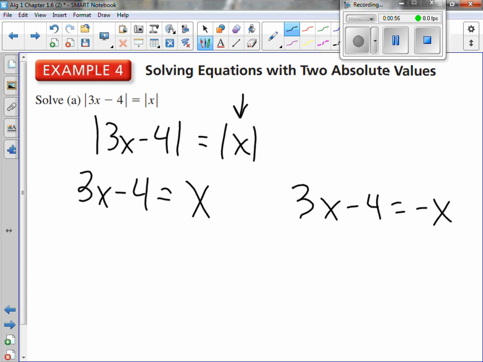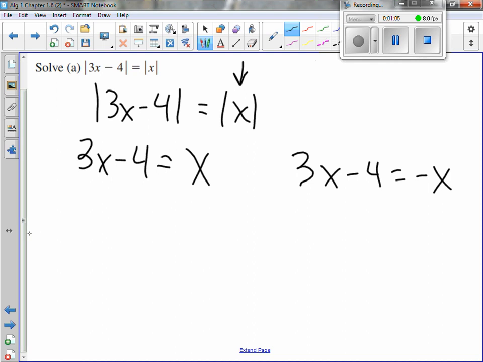We're going to do one in both. And we only have to do it to one side. We don't have to do it to both. But otherwise, this is going to be the exact same as what we did yesterday. So if 3x minus 4 is equal to x, and 3x minus 4 is equal to negative x.